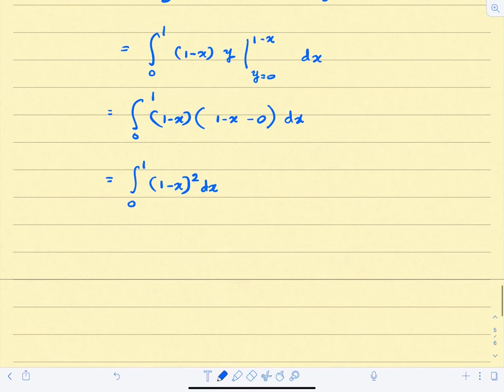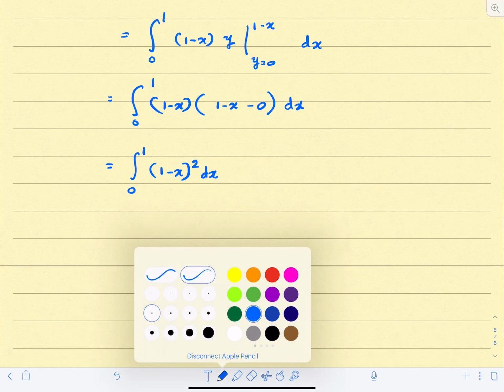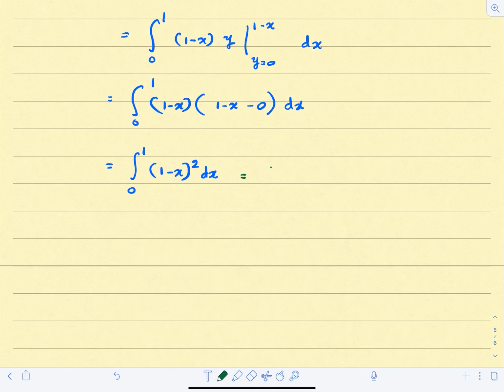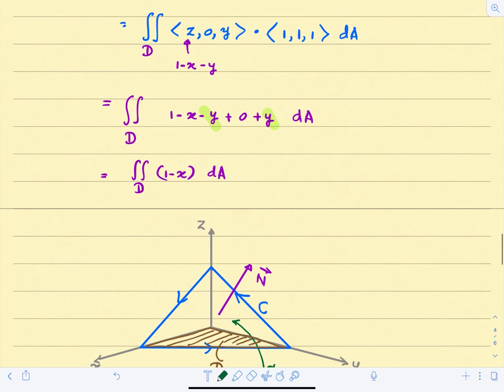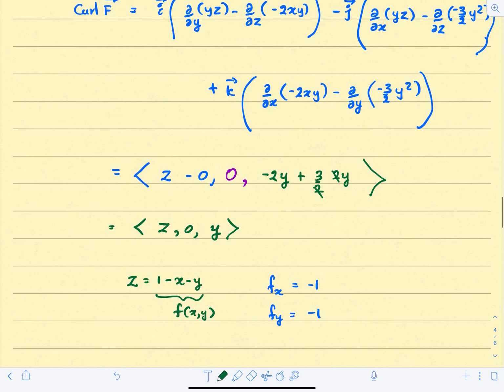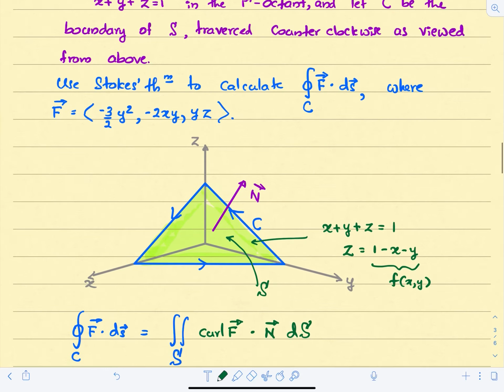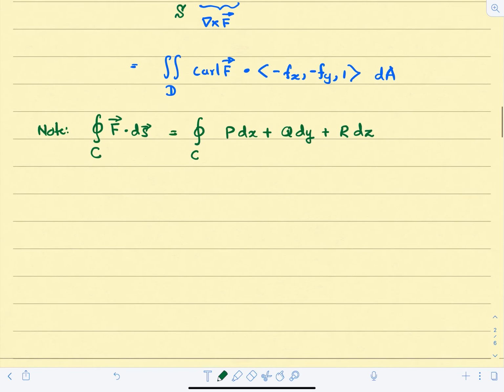And if you evaluate this integral, you should get 1/3. Try to FOIL this: you will get 1 minus 2x plus x squared. Now if you integrate this, you should get 1/3. This is the way we use Stokes theorem to evaluate a line integral over a closed curve of a surface S.